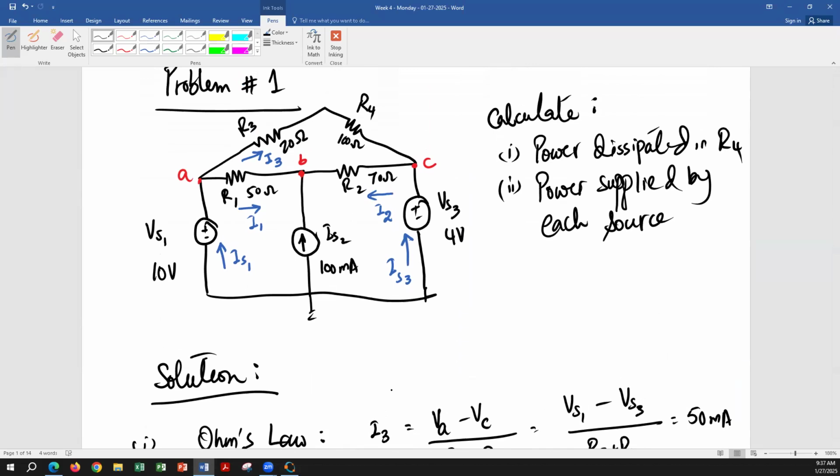Yes, Chris, what is IS3? IS3 is what from the circuit? Yes, but what is the equation you said? No, I'm not asking I3 equals. I'm saying what is IS3?